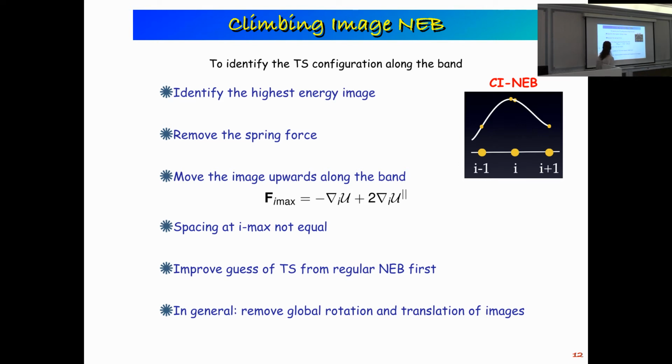Okay, so that is it. The climbing image then improves the guess of the transition state, and it is important in general, if you have a molecular system, to remove rotational and translational motion. In a condensed matter system, it's typically not needed, but I would say that the NEB is probably not the best method to use if you have a liquid.